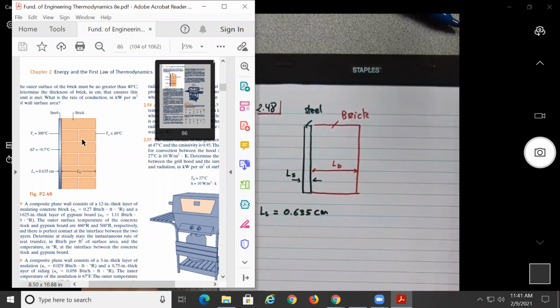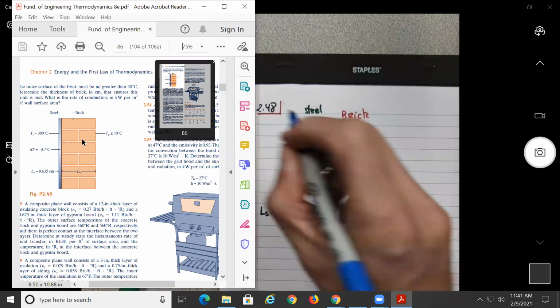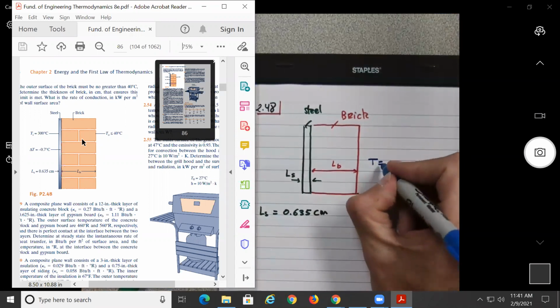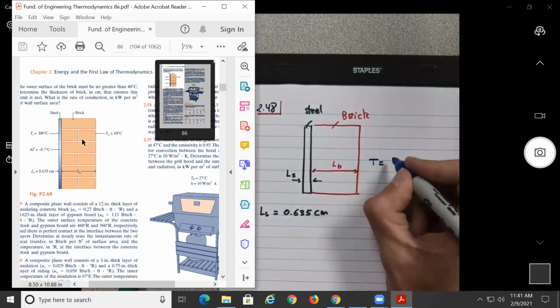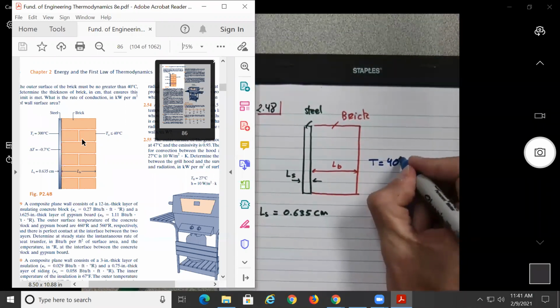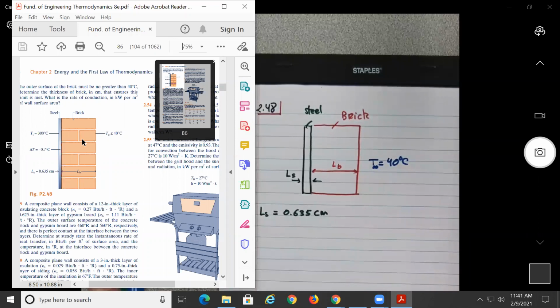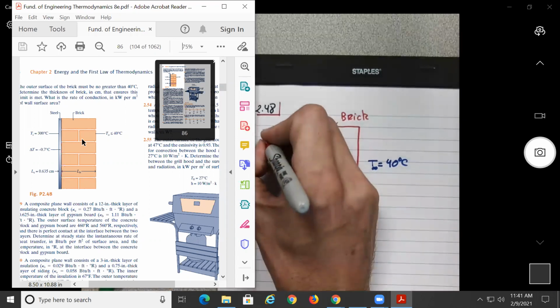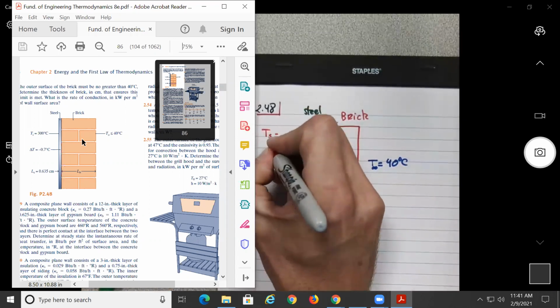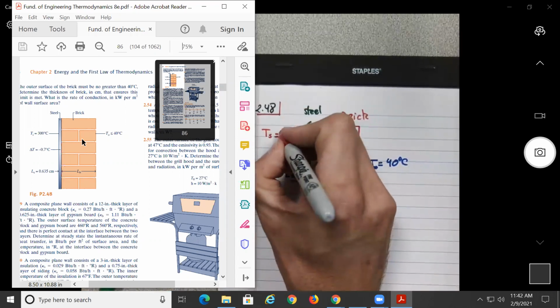The temperature outside the brick is 40 degrees Celsius, so let's call this one T infinity, which is the surrounding air, and the area inside the oven. So here one should be T, let's say steel is 300 degrees Celsius.